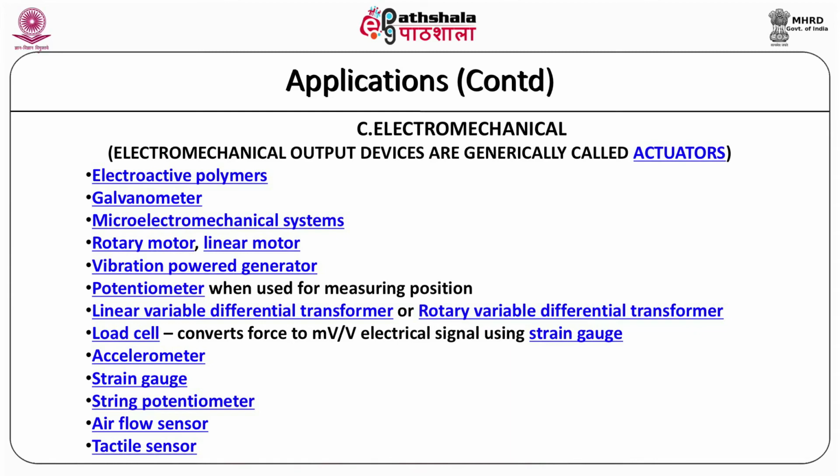Now you have linear variable differential transformers, rotary variable differential transformers, load cells. What does a load cell do? They convert the force to millivolts and electrical signals using a strain gauge. Now accelerometers, strain gauge, string potentiometers, which you have used in physics labs, airflow sensors and tactile sensors. These are all the examples for the electromechanical type.